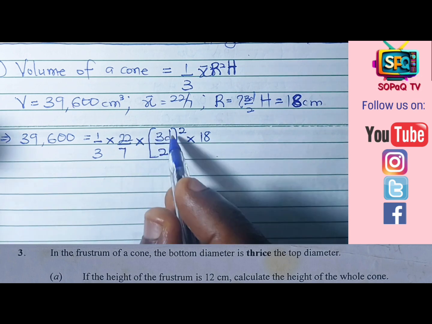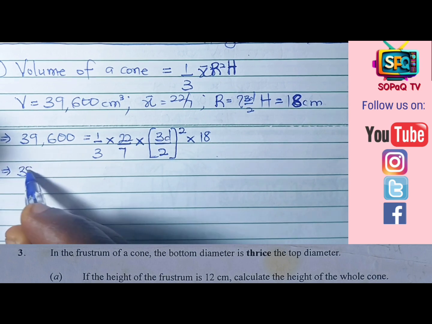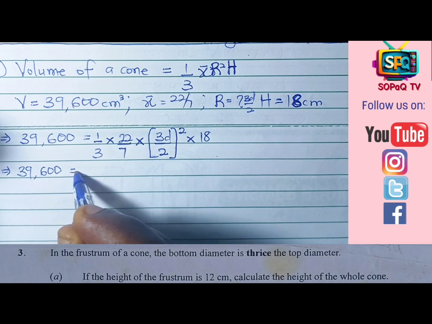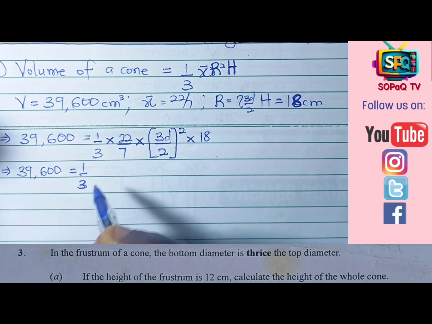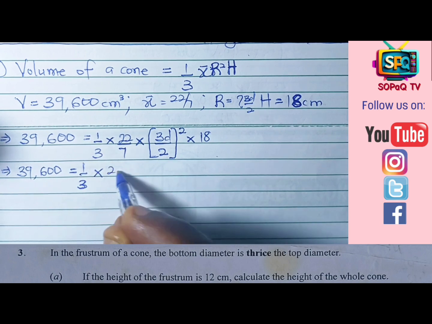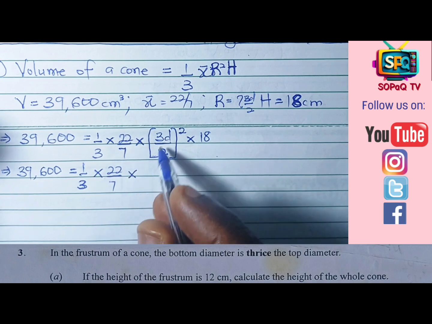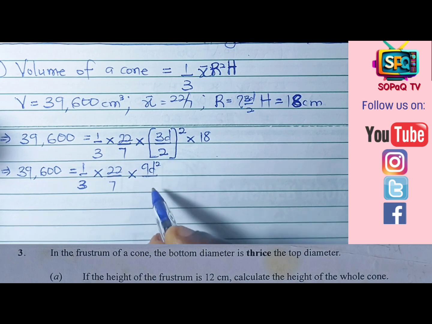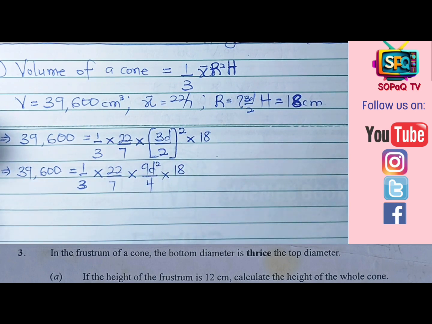And we need to focus on what is in the bracket here to give us 39,600 equals 1/3 multiplying 22/7 times the expansion of this, which will give us 9d squared all on 4 times 18 as well.